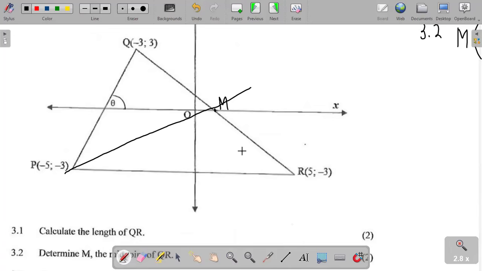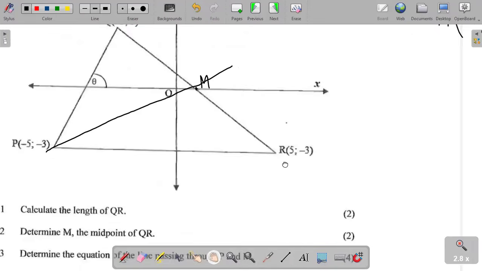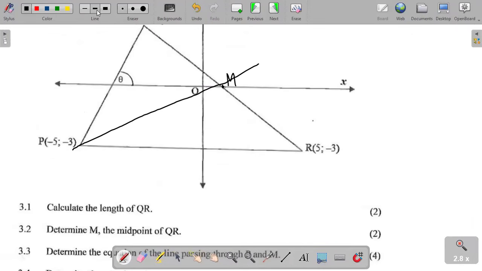So now we have the coordinate 1 and 0 for M here. So it's x1, y1, and then you have x2 and y2. So we start by finding the gradient.